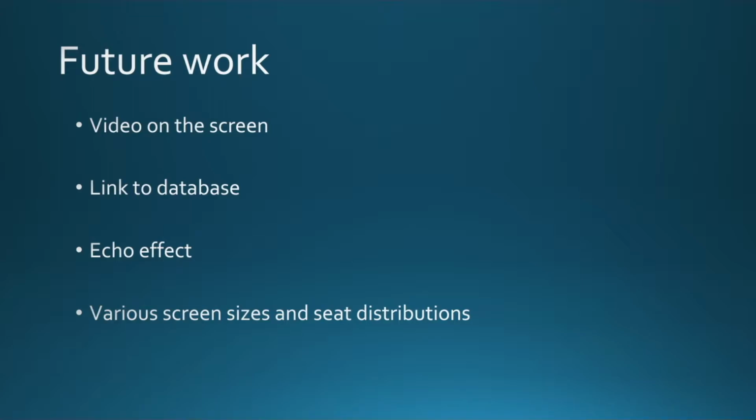Last but not least, we didn't consider the real size of cinemas and their seat distribution. Every cinema has different sizes, so the sounds are different. If we have one more semester, we will construct 2 to 3 different sizes of cinema which have different seat distributions to provide a more accurate visual and sound experience.